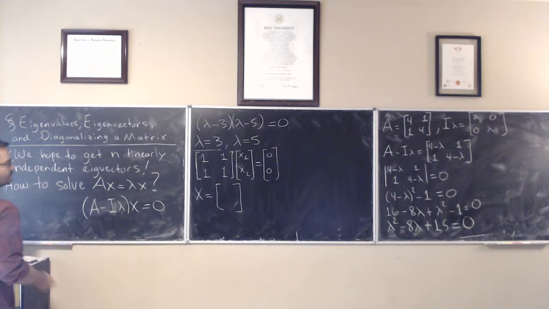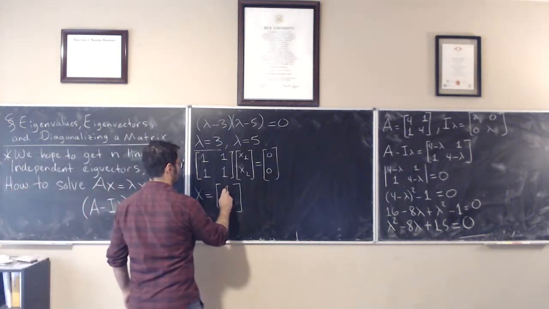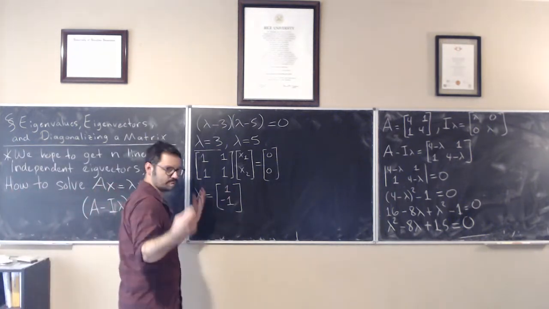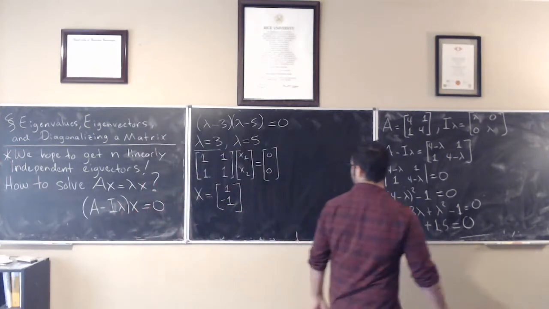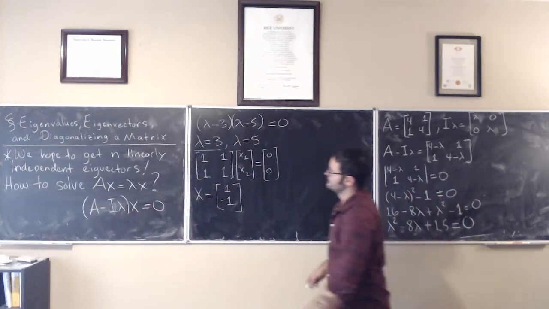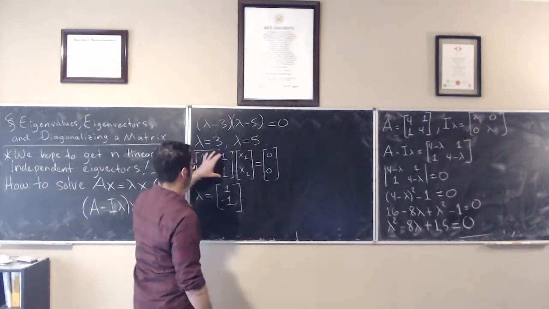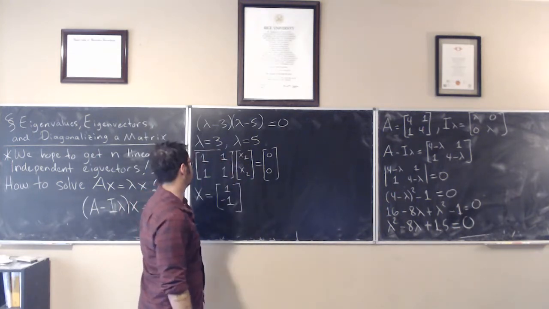One and negative one? Yeah. 1, minus 1. Good. Right? 1 times that column plus negative 1 of that column is 0.